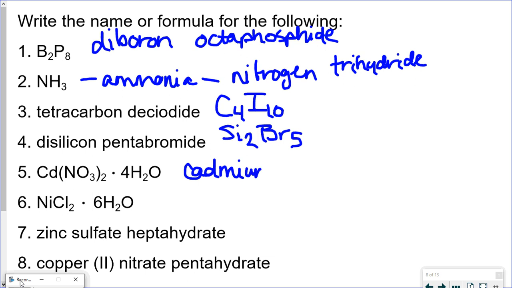And remember, even though that's a transition metal, it's one of the exceptions with only one possible charge, so we do not need to use Roman numerals. NO3 is nitrate. So cadmium nitrate. And then the 4H2O, remember the prefix for 4 is tetra, and H2O is hydrate, so tetrahydrate.